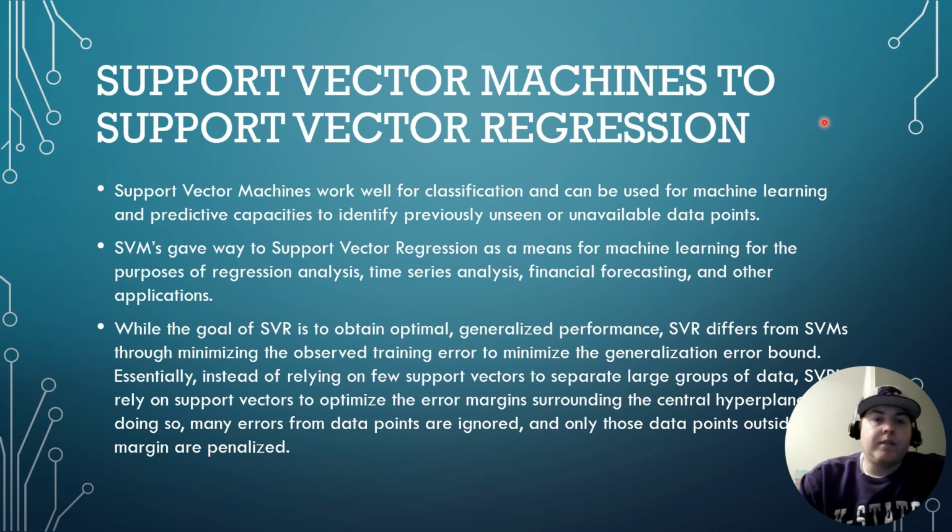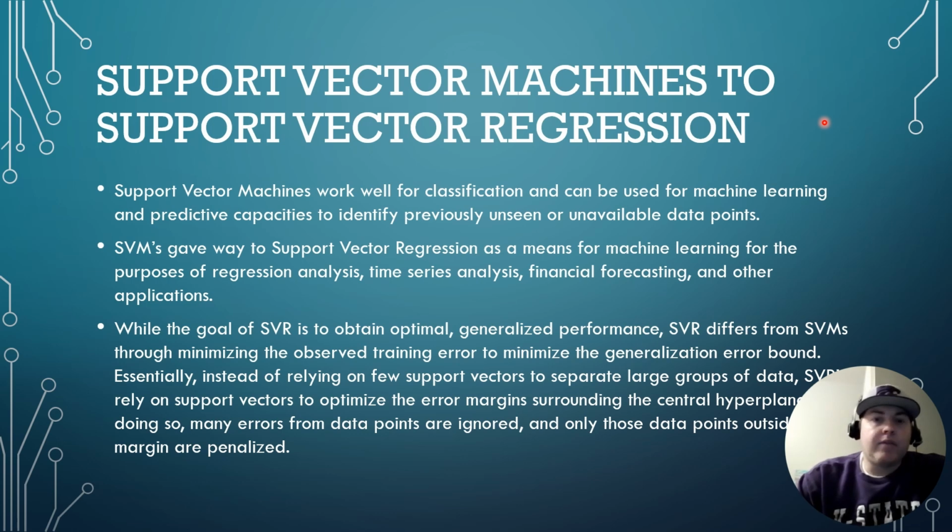While the goal of support vector regression is to obtain optimal generalized performance similar to support vector machine, SVR differs from SVMs through minimizing the observed training error to minimize the generalization error bound. So minimizing that margin that we saw earlier.